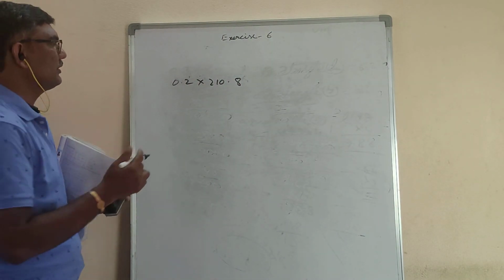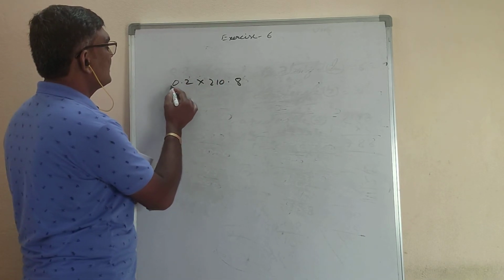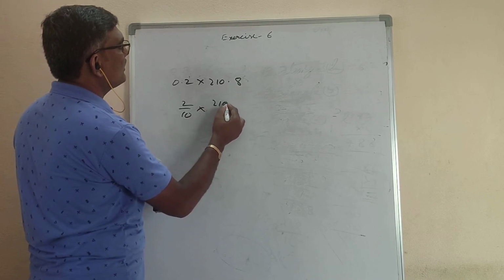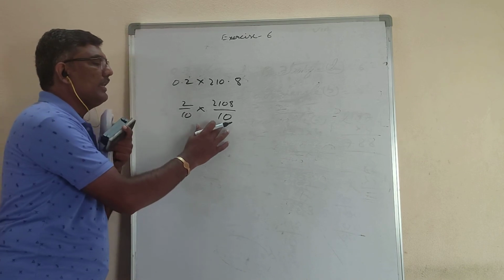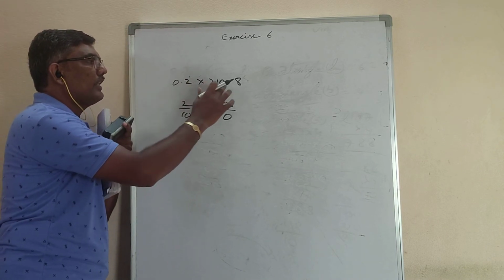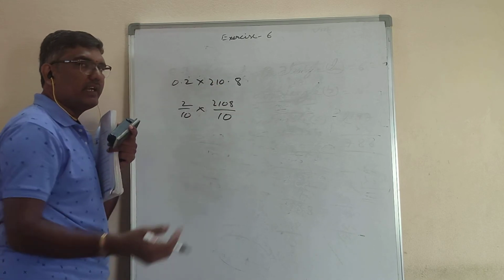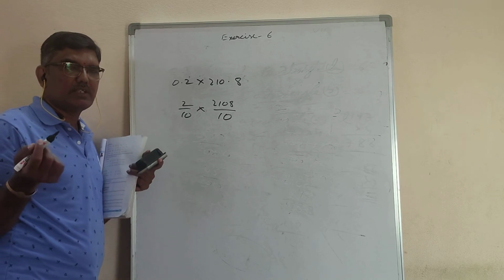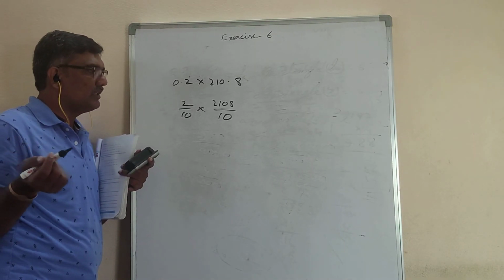First, decimal numbers can be converted into fractional numbers. 0.2 means 2 by 10, into 2108 by 10. Why did I write 10 here? Already you understood. After the decimal, here 2, only a one digit number. Here 8, again a one digit number. If there is a one digit number, you have to divide with 10. If there are 2 digit numbers, you have to divide with 100. If there are 3 digit numbers, you have to divide with 1000.